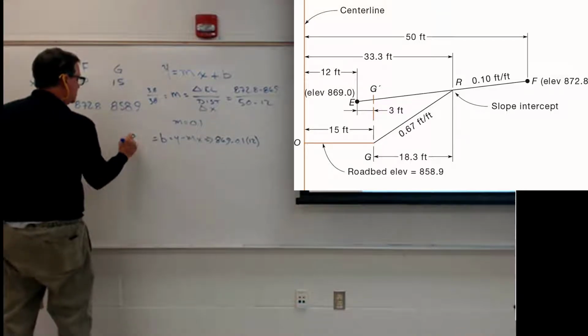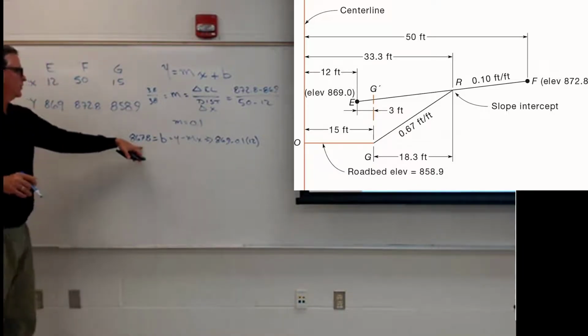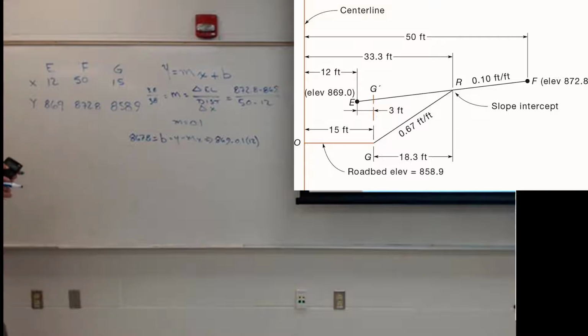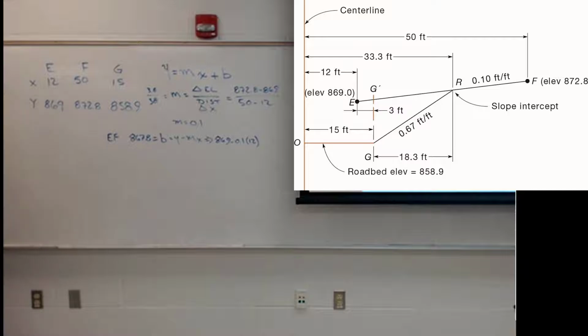So it should be 867.8. Cool. So for line EF, B is equal to 867.8.